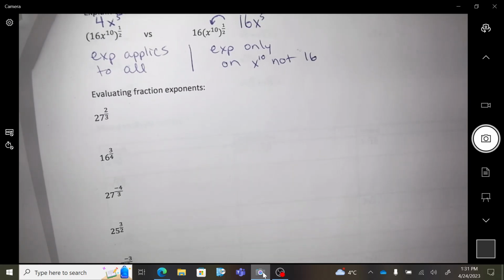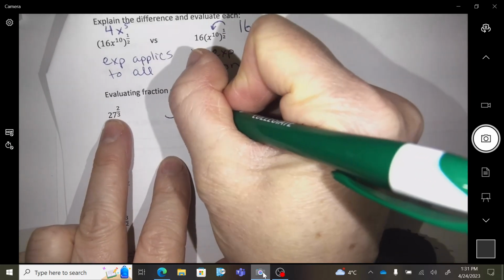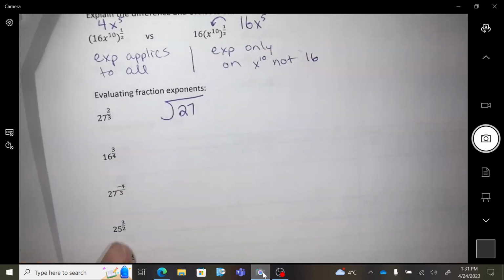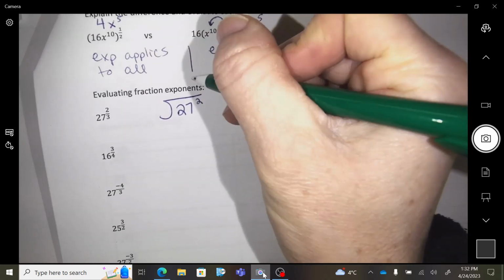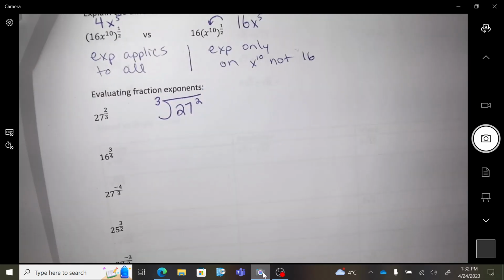Okay, evaluating fraction exponents. So 27 to the 2/3 could also be thought of in two ways.